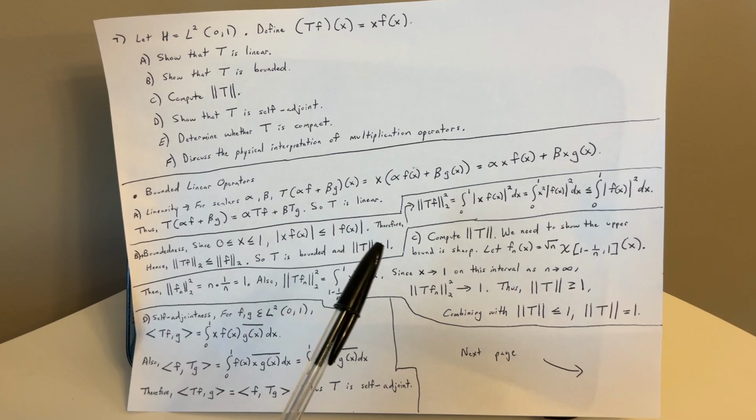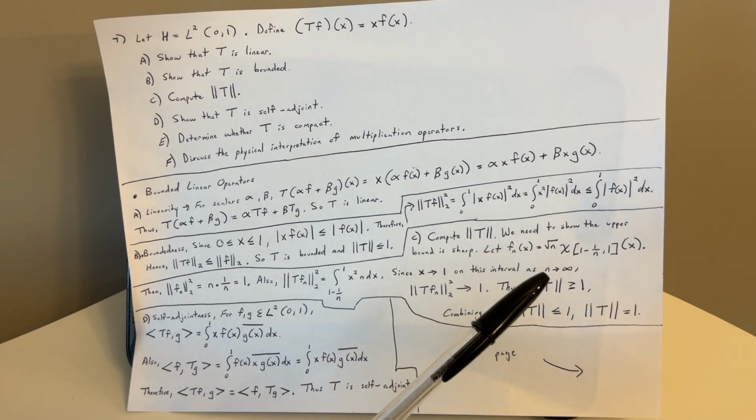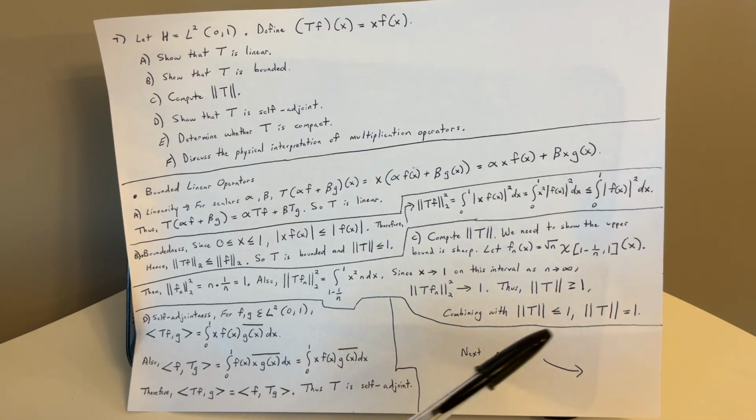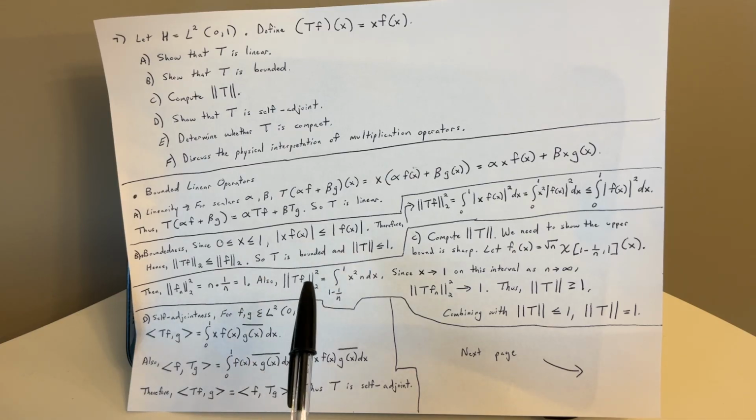For part C, we want to compute the norm of T. We need to show that the upper bound is sharp. Let f sub n of x equal the square root of n times the indicator function chi of the interval from 1 minus 1 over n to 1. Then this norm equals n times 1 over n, which equals 1, and the norm of T f sub n squared equals the integral from 1 minus 1 over n to 1 of x squared n dx.